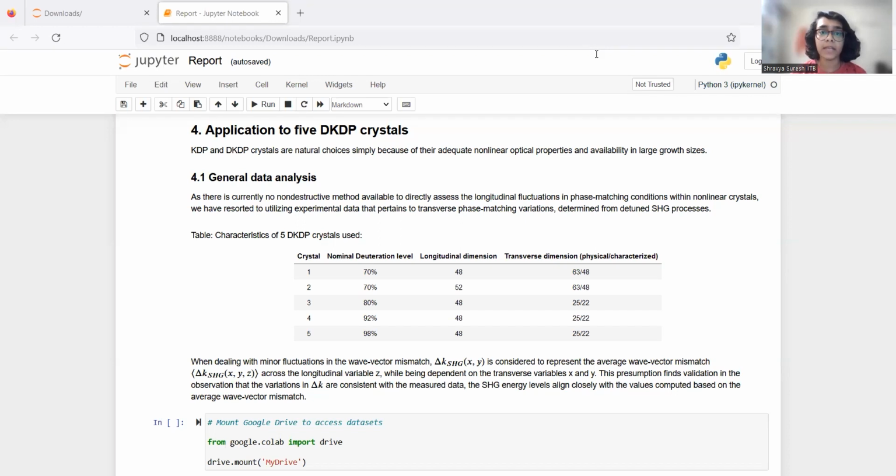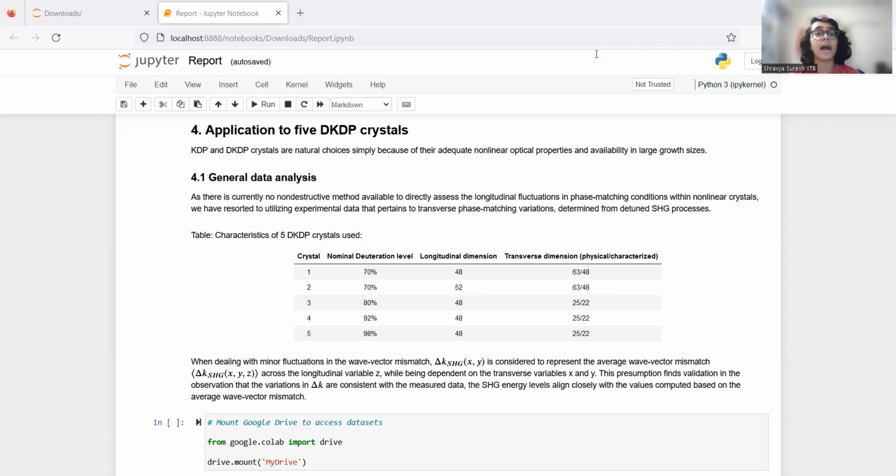To begin with, let us discuss the choice of these crystals for this paper. Most nonlinear optics applications are based on crystals with generally high dimensions and higher apertures, but much larger crystals are required for high energy laser pulses.